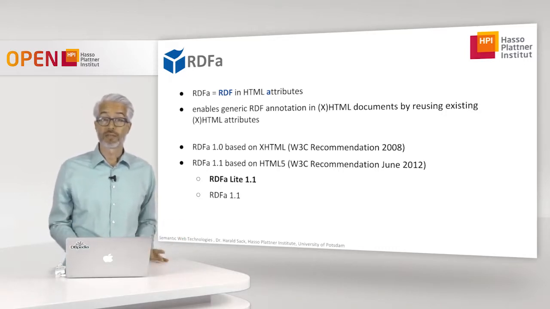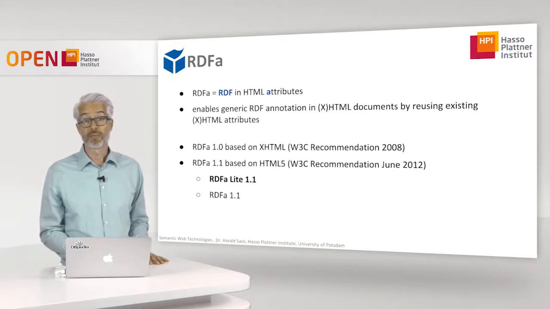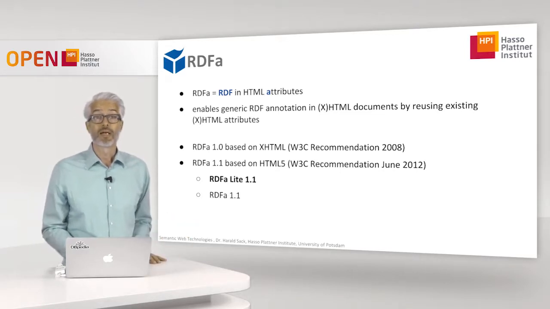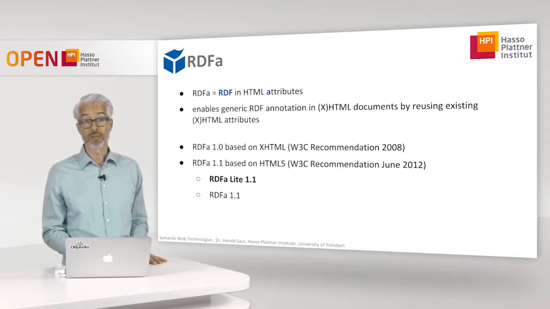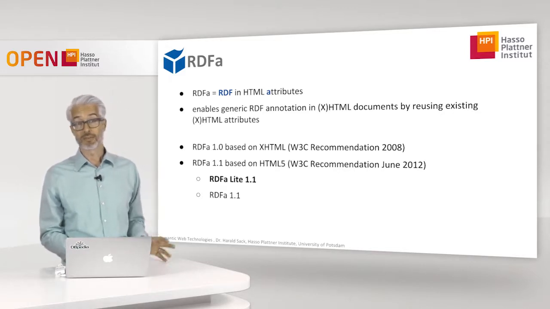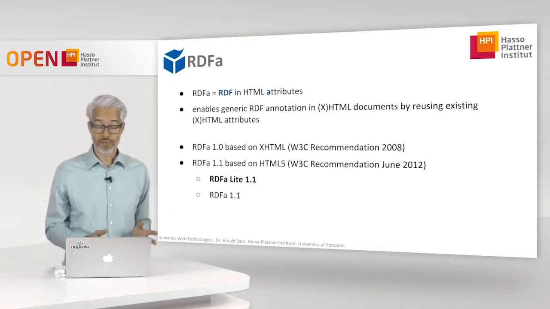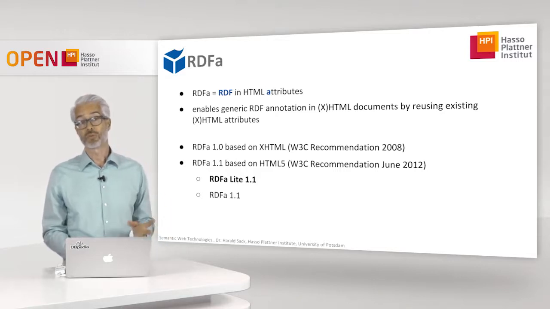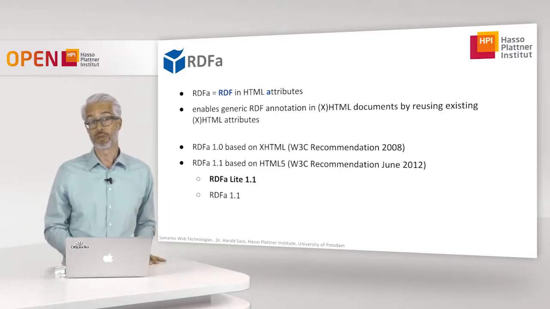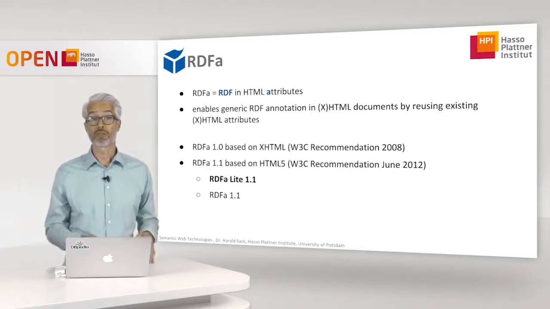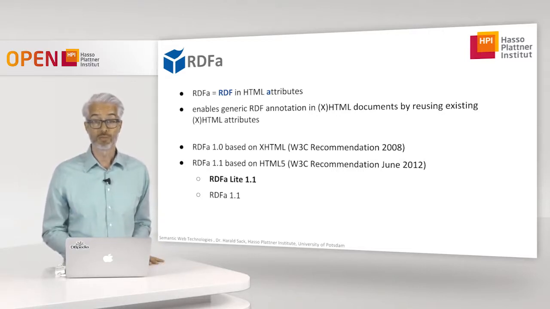The first version of RDFa was based on XHTML, but XHTML, as you might know, has been substituted by HTML5, so therefore there is also a new definition for RDFa, now RDFa 1.1. And this, of course, is then for HTML5, and there is also a small version which is called RDFa Lite, which we'll look at first, and then a full-fledged version called RDFa 1.1.